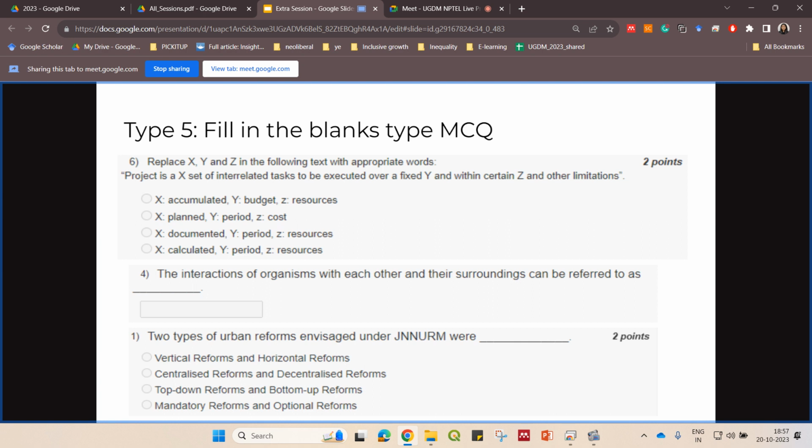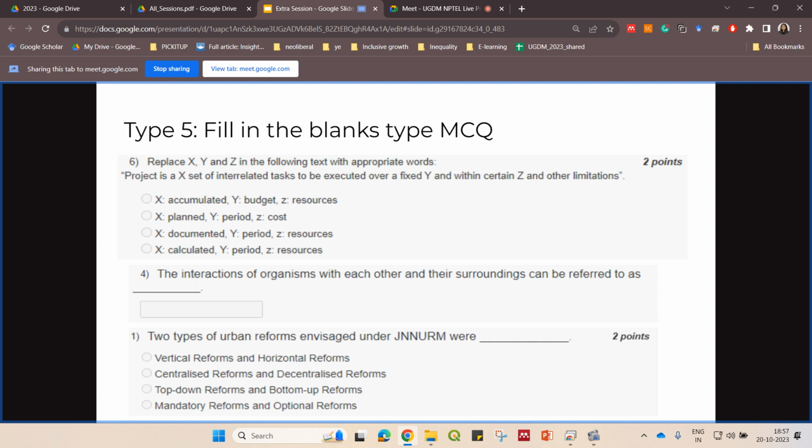So you might have answered your question correctly, but if you have a spelling mistake in your answer, the computer system which is correcting these answers might reject your answer and take it as a wrong answer instead of a correct answer.